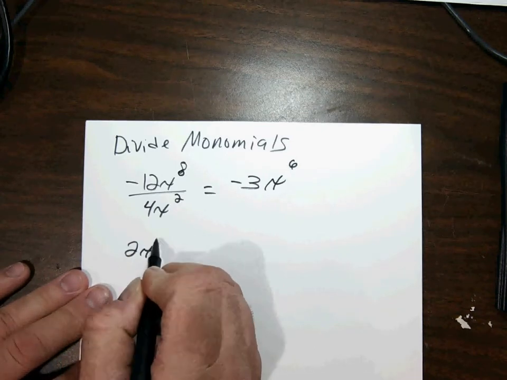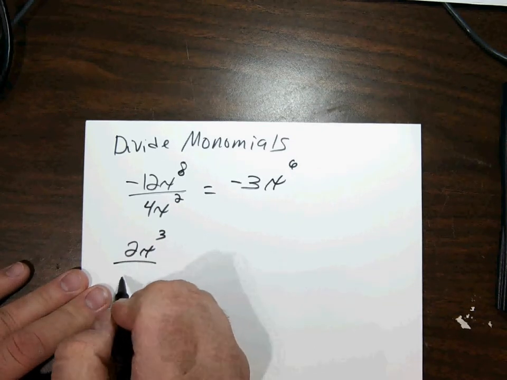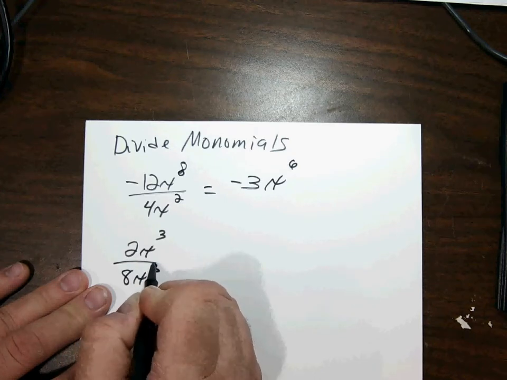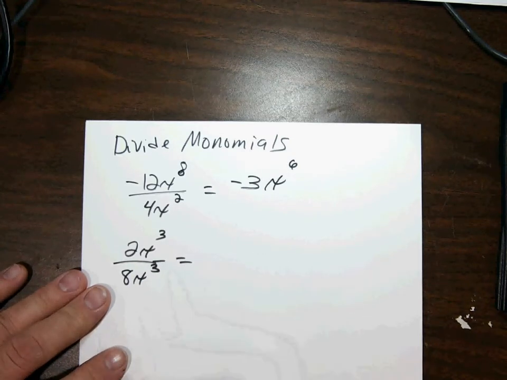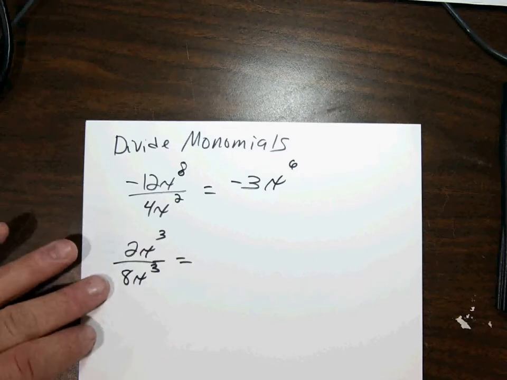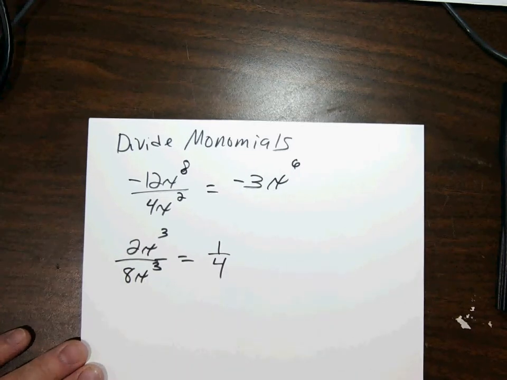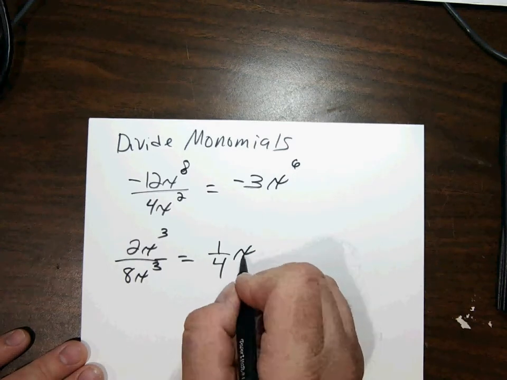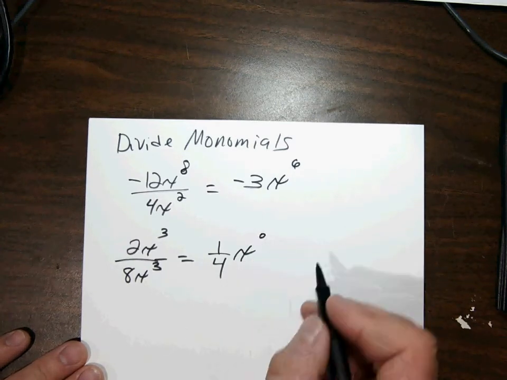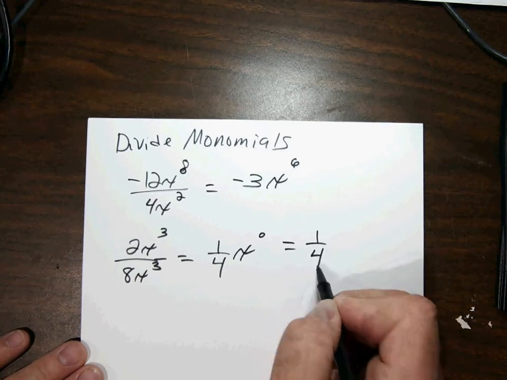2x cubed over 8x cubed. Well, here's another time where you can just see the x cubes are going to cancel out. The 2 8ths, I'm going to have to leave it as a fraction, but I could reduce it and call it 1/4, right? But then I could call it x to the 0 here temporarily, but x to the 0 is just a 1, so it'll be 1/4.